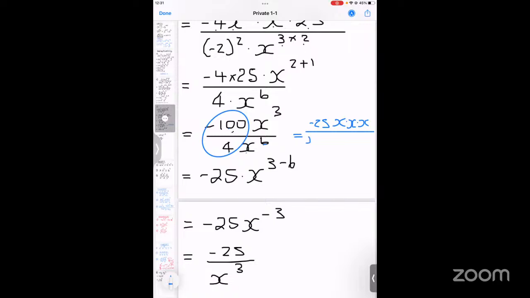So that means we have 1, 2, 3, 4, 5, 6. So now you see that one cancels with that one. That one cancels with that one. That one cancels with that one. So it's like you have negative 25 at the top, everything cancelled, and then you remain with x, x, x, which is negative 25 and x to the 3.